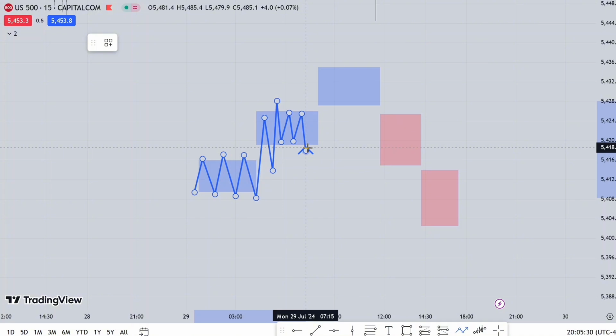So when you have that draw on liquidity, then you start working with these market maker models.